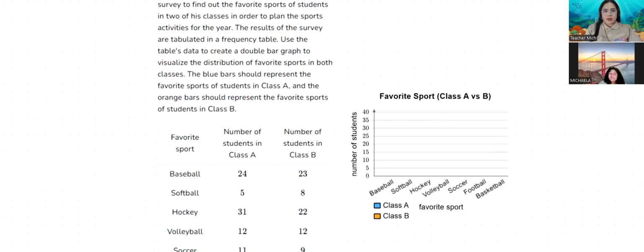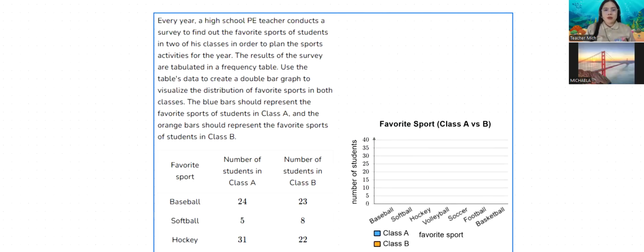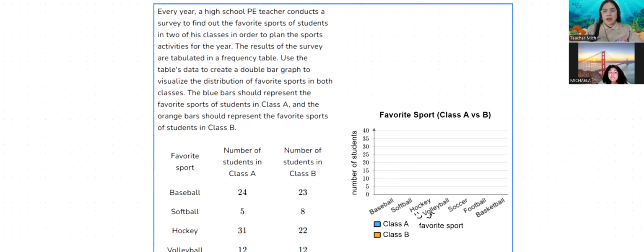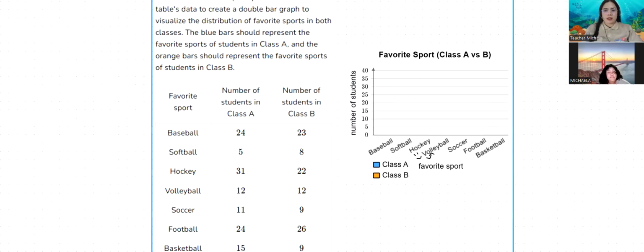According to this, every year, a high school PE teacher conducts a survey to find out the favorite sports of students in two of his classes in order to plan the sports. For this one, anak, we have different kinds of sports, namely baseball, football, hockey, volleyball, soccer, and also the basketball. So how do we do the graphing?